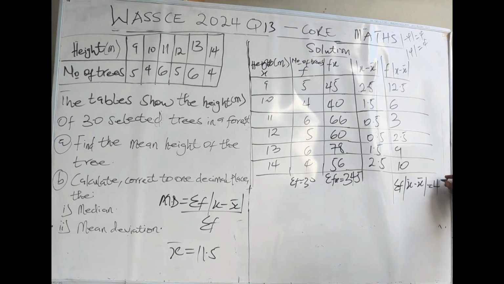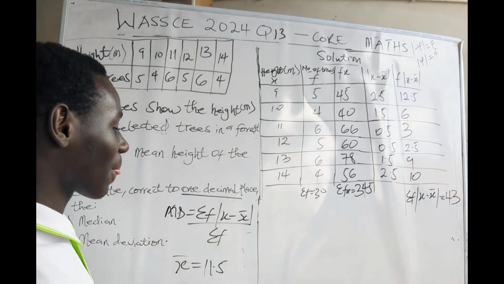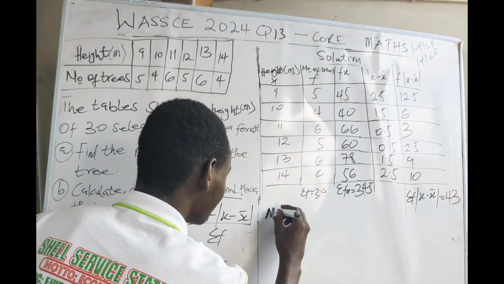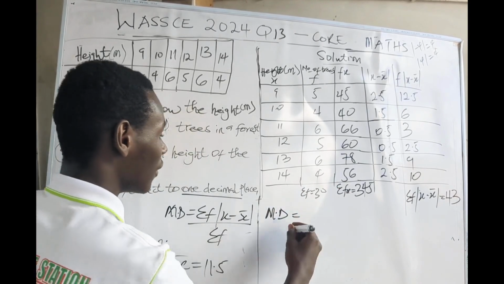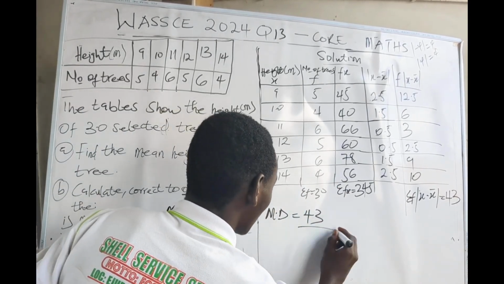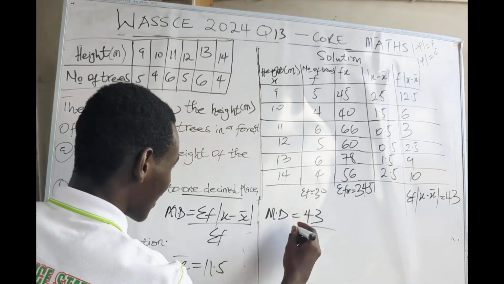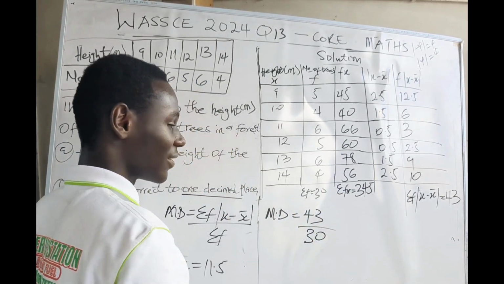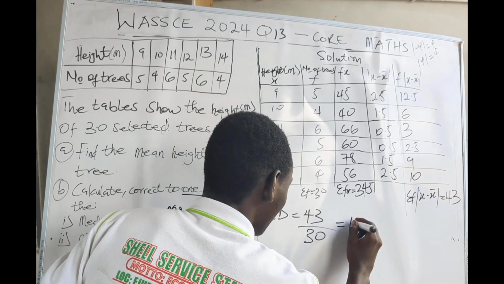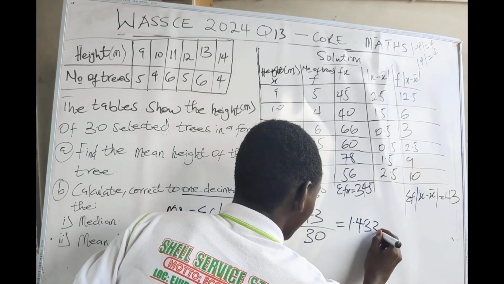So our sigma f absolute x minus the mean gives us 43. Therefore our mean deviation is equal to 43 on our sigma f, that's 30. So 43 on 30 gives us 1.4333.